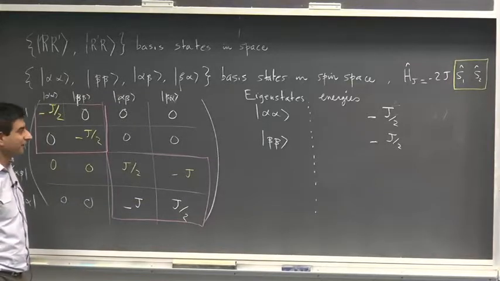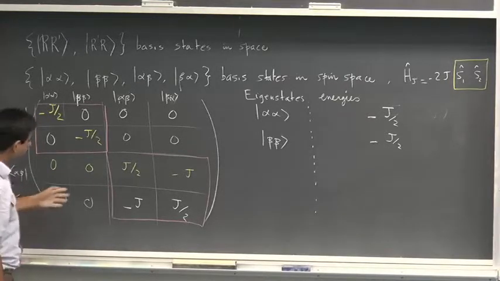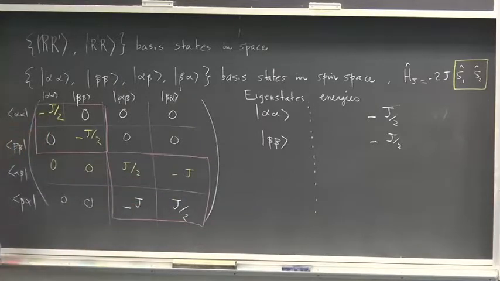So if you have such a form, the eigenstates are going to be superpositions of alpha beta and beta alpha.